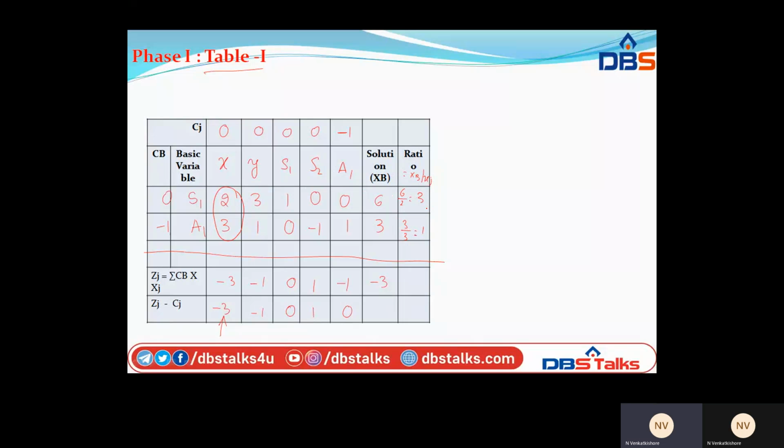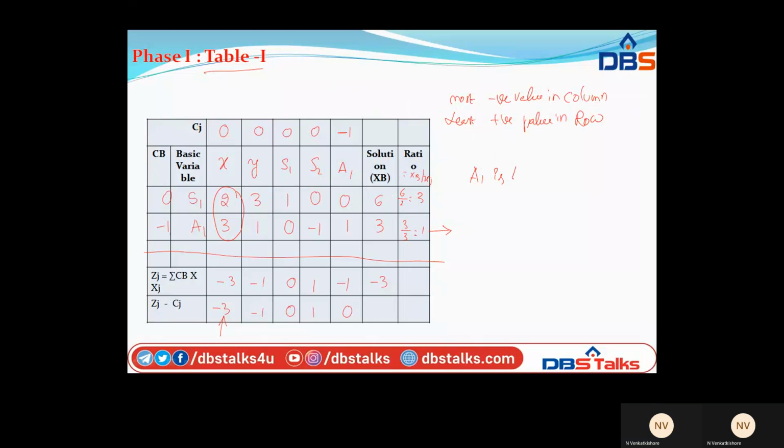Next, we need to identify the most negative value in the column and the least positive value in the ratio. So which variable is leaving?